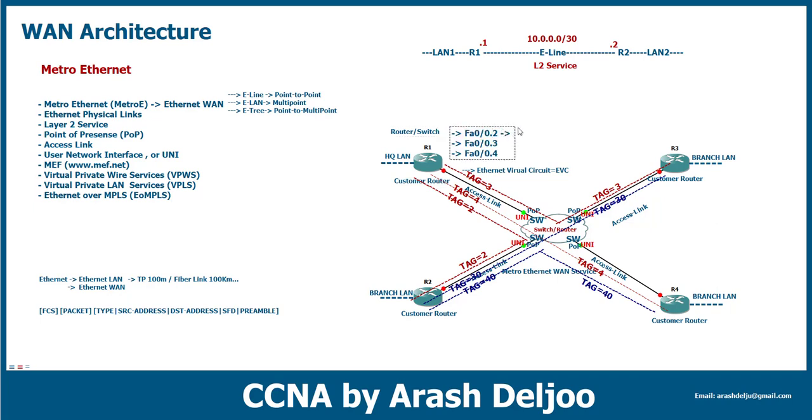For example, here, I'm going to use 10.0.0.0/30. But between, for example, router 2 and router 3, we should use the next range. Between the router 1 and router 4, we are using another range. You know that here we have multiple, okay, multiple layer 2 connections, but not between all of these sites.